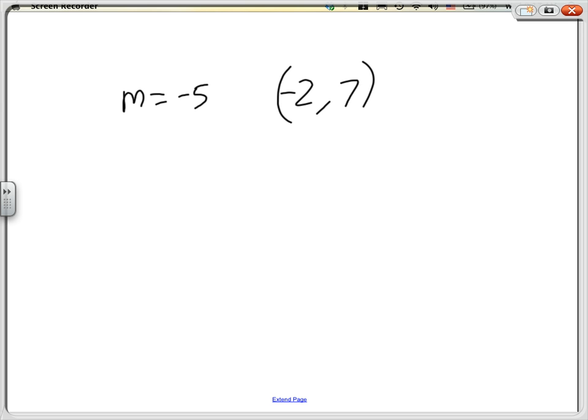What do you want to look for if I want you to write in slope-intercept format? The y-intercept and the slope, right? Right now you have just the slope. I look at this point right here and I'm asking, well, is that the y-intercept? No, it's not. So I have to find the y-intercept before I can actually complete my equation.